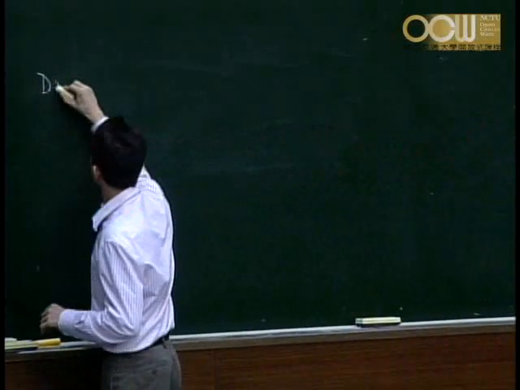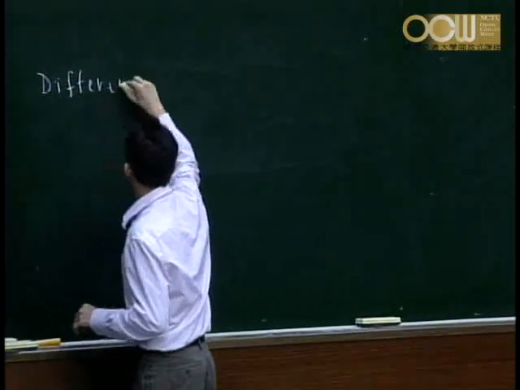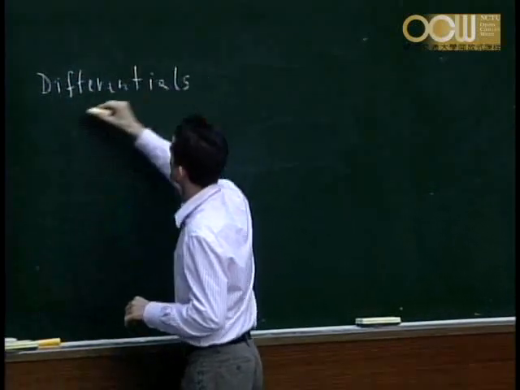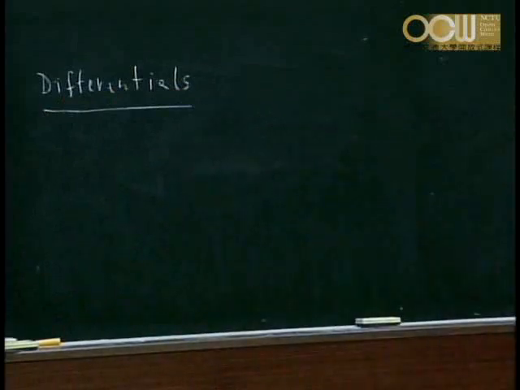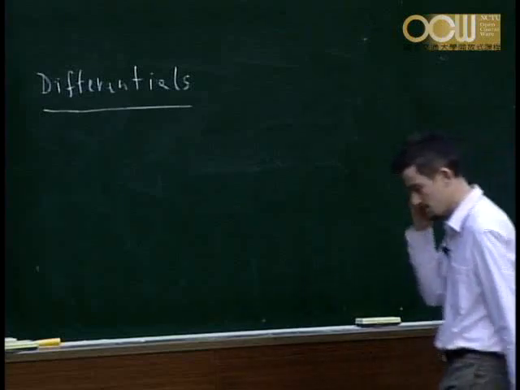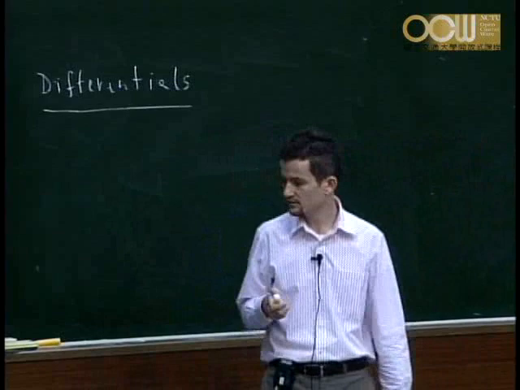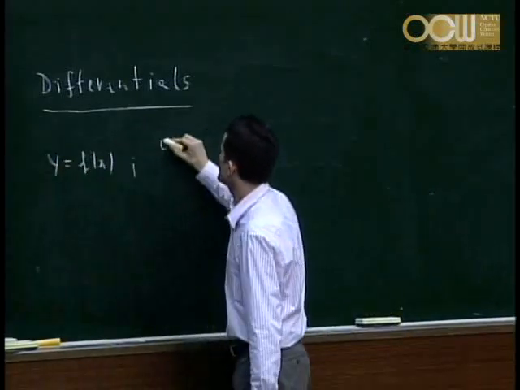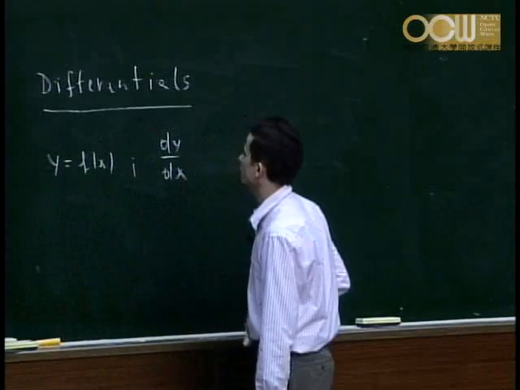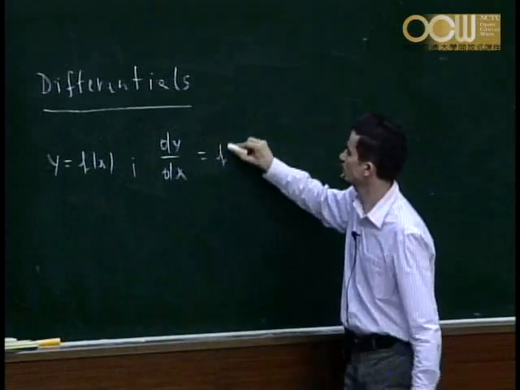Now, another topic which is discussed in our textbook is differentials. This is pretty similar, though not completely, to what we have done already last semester. You remember last semester, if you have a function of one variable, then normally you can use this notation to denote the derivative of the function.